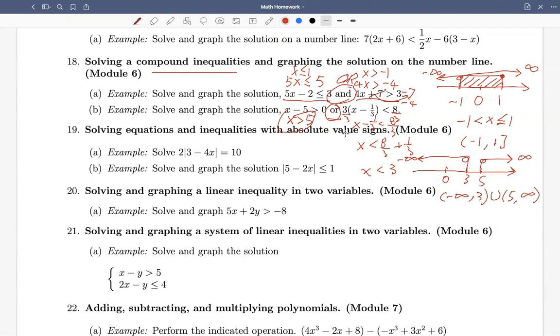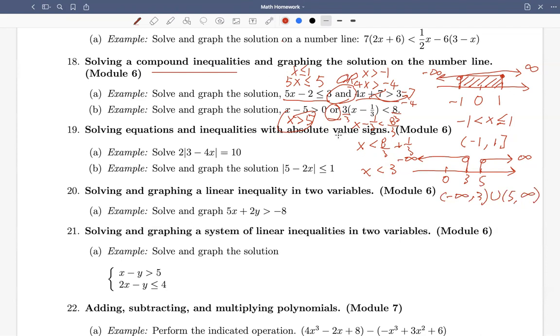Or means it works for either one, as long as the solution works for one of them, it's okay. Compared to "and", it's different. And means the solution has to work for both inequalities. Or means as long as the solution works for one of them.